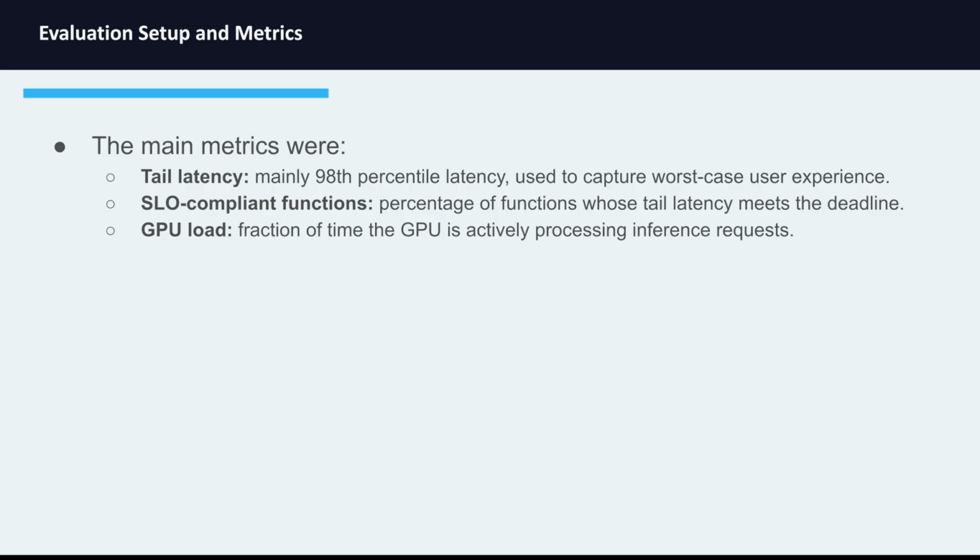So the tail latency is important because users care about slow requests and not just average ones. So that tracks the slowest requests, which is better for knowing the worst case. And SLO compliance is the percentage of functions that stay within their latency target. And the GPU load tells us whether the hardware is being used effectively.